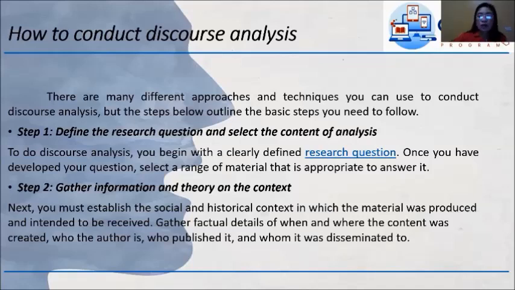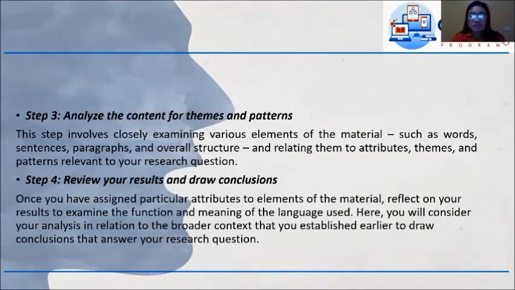Okay? So how about the next step? Step three, analyze the content for themes and patterns. This step involves closely examining various elements of the material, such as words, sentences, paragraphs, and overall structure, and relating them to attributes, themes, and patterns relevant to your research question. So that is step three.